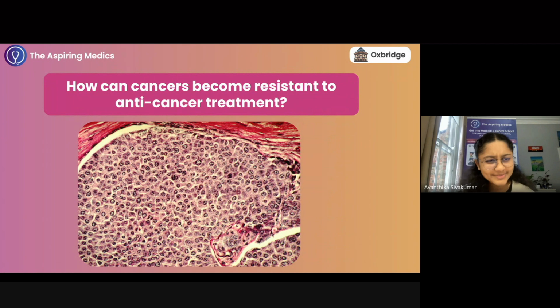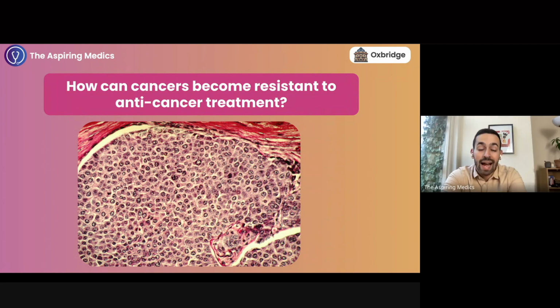Not too sure about this, but possibly certain mutations that occur that result in the production of certain... yeah. So you're absolutely right that we're speaking about a selection pressure here.